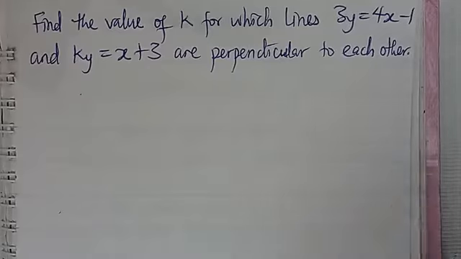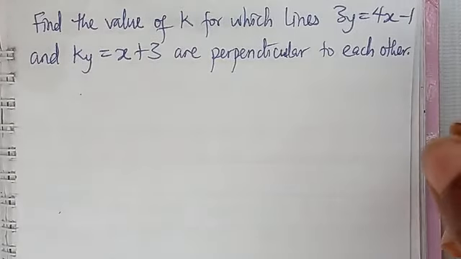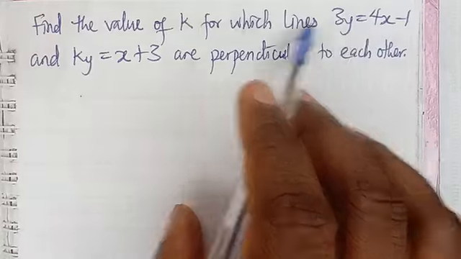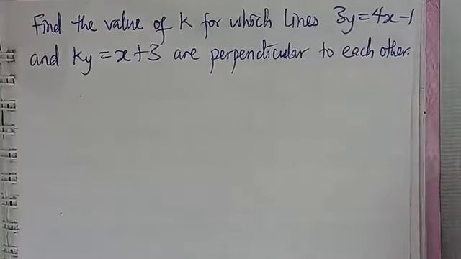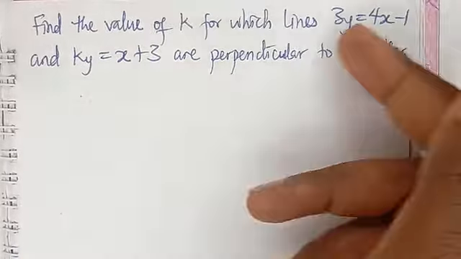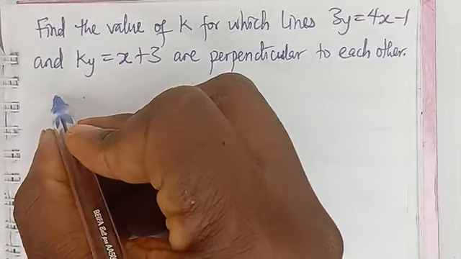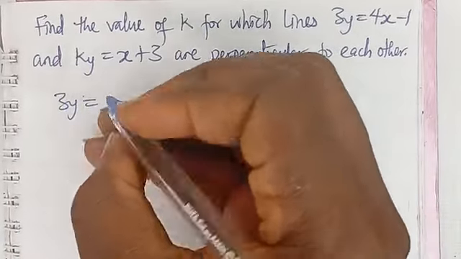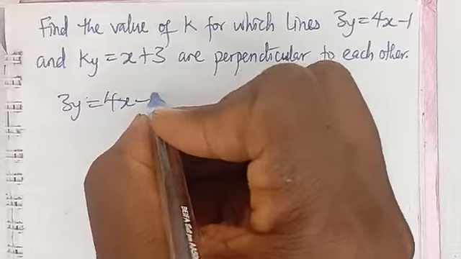Okay, let's do that again in order to make sure we've learned how to use this. Find the values of k for which lines this and this are perpendicular to each other. So we are going to have this. Okay, let me start with this. 3y is equal to 4x minus 1.